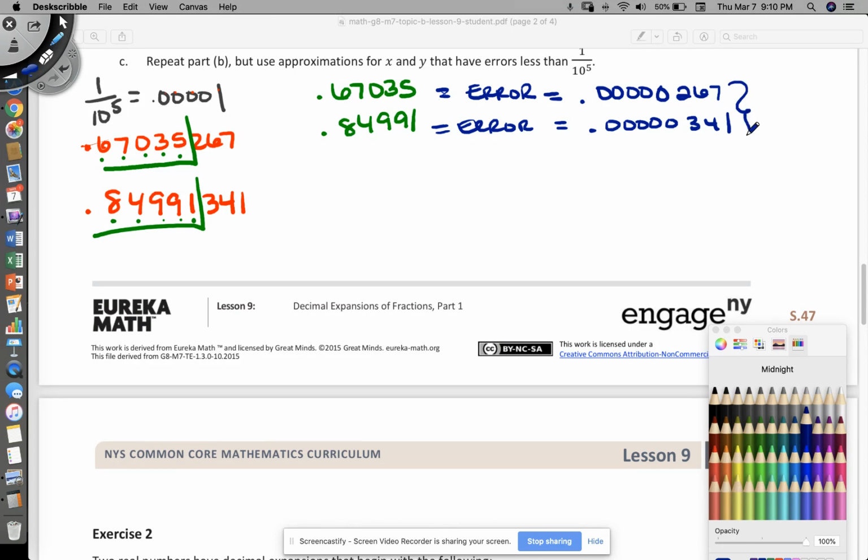Which you can see both of these is less than 1/100,000th of a error. That's a very, very small margin.